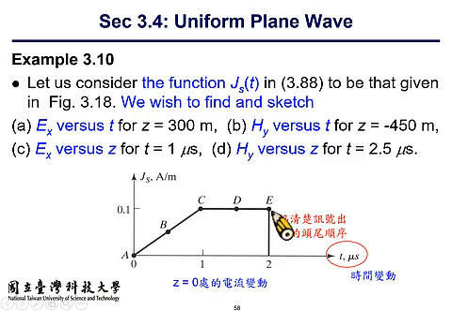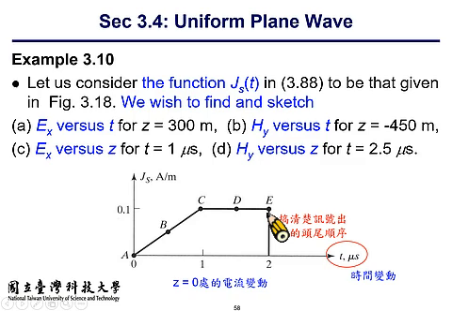After t equals 2 microseconds, the current density vanishes and is reduced to 0. So the current only appears between t equals 0 and 2 microseconds, and the maximum of the current density is 0.1 amp.